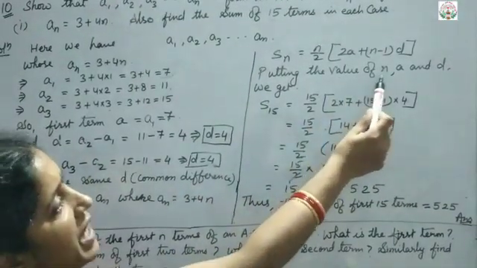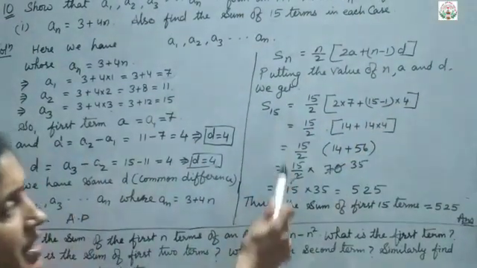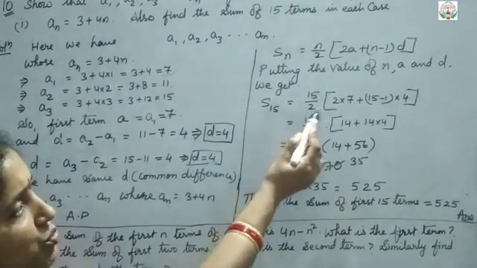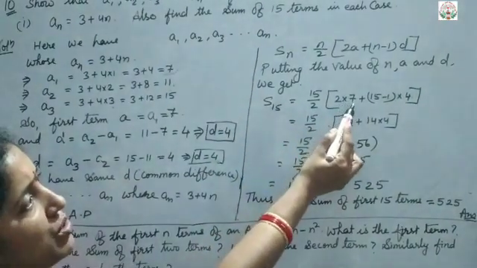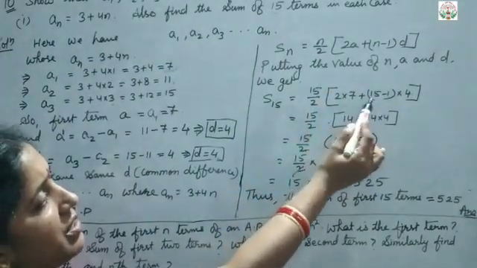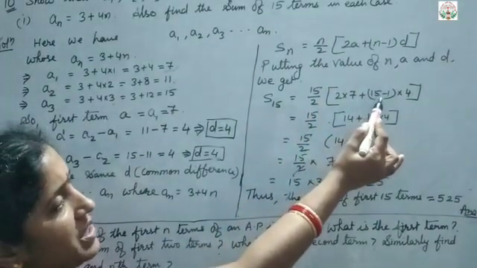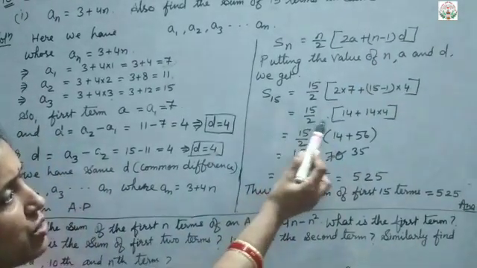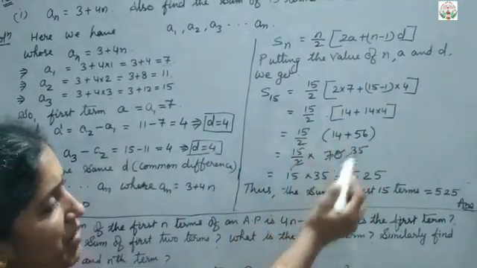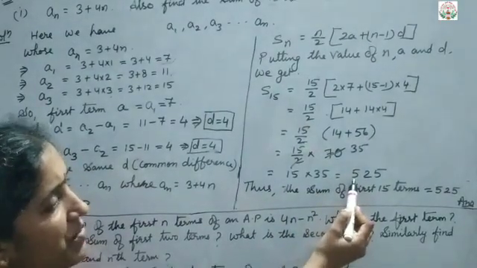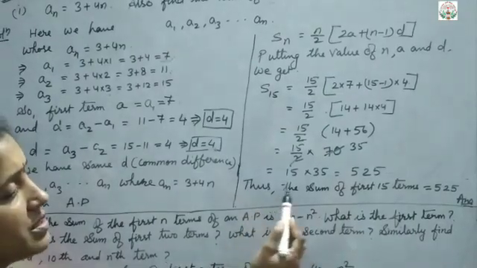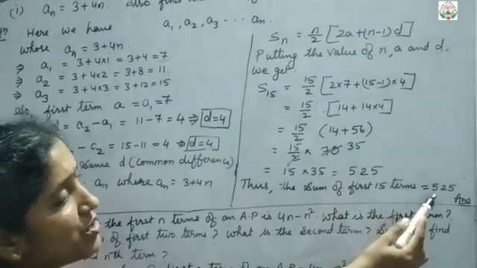Putting the values, S15 equals 15 upon 2 into 2 into 7 plus 15 minus 1 into 4. Simplifying, S15 equals 525.